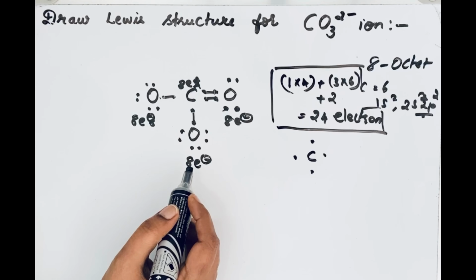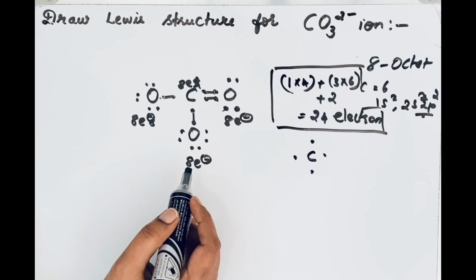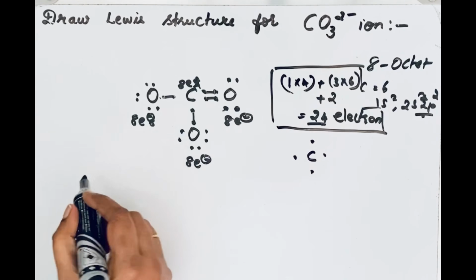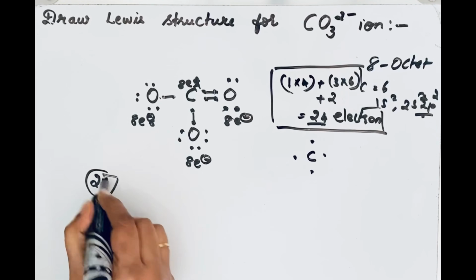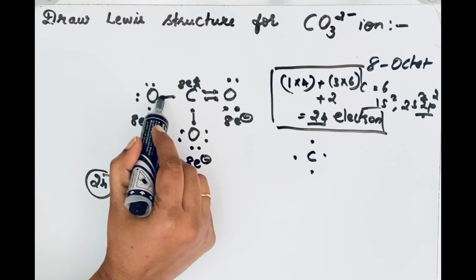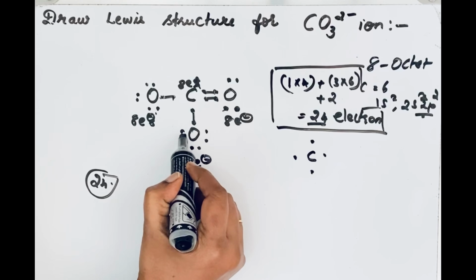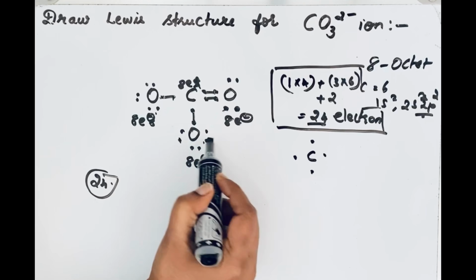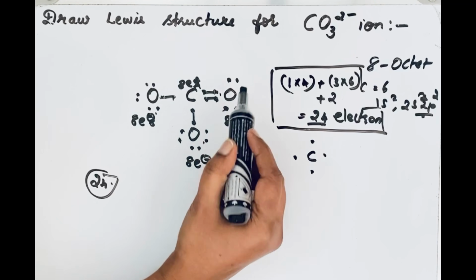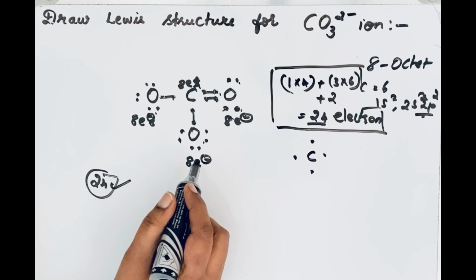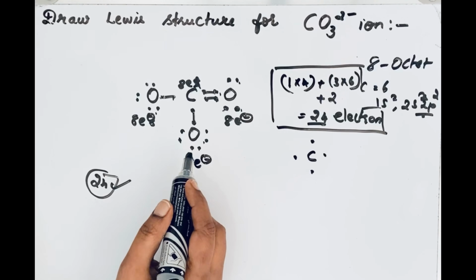Now let us do our second check. How can we do the second check? The total valence electrons is 24. Let us count whether 24 valence electrons are present or not. So 2, 4, 6, 8, 10, 12, 14, 16, 18, 20, 22, 24. So 24 valence electrons are also present. So our Lewis structure is correct.